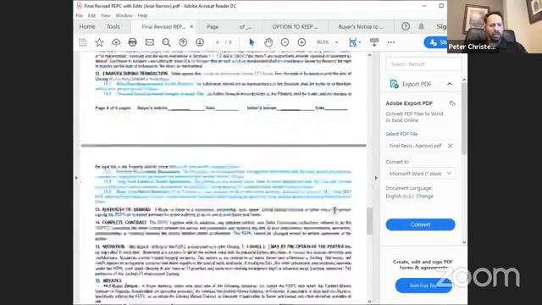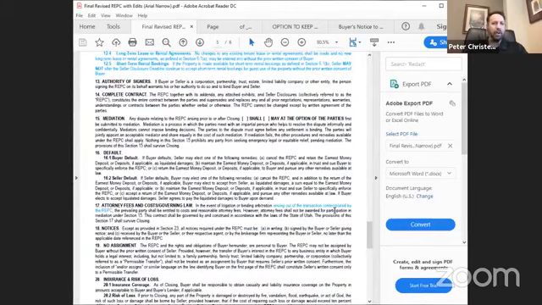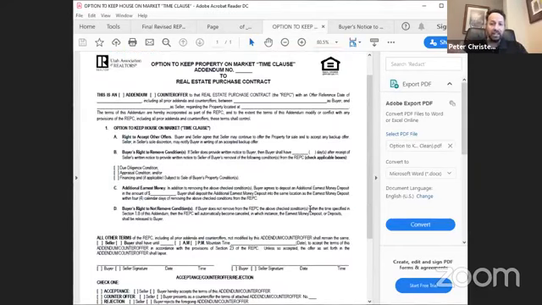A notice is triggered by an event or a requirement in the contract, and it satisfies that with a written notice. But the part of the contract that would remove the contingencies is that addendum, the option to keep property on the market. In that addendum, it points out that if a notice is received, then it triggers the removal.